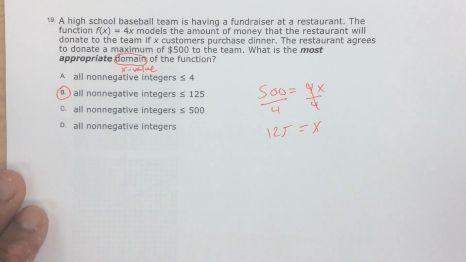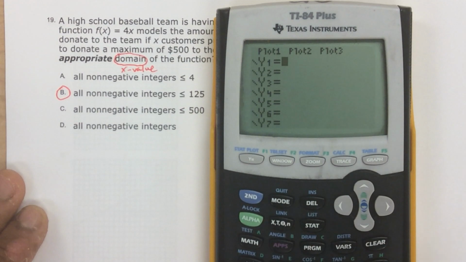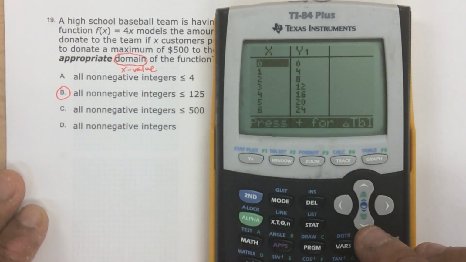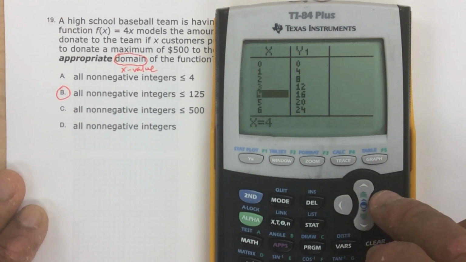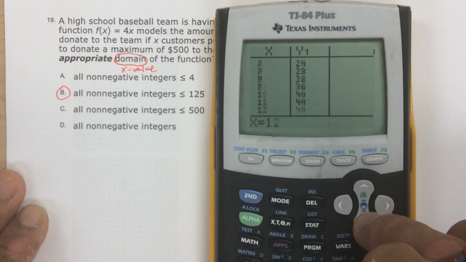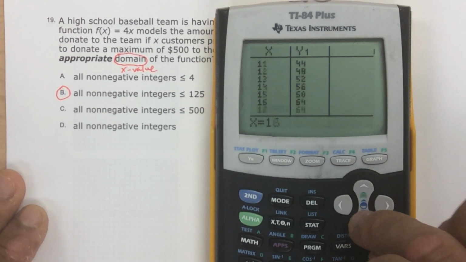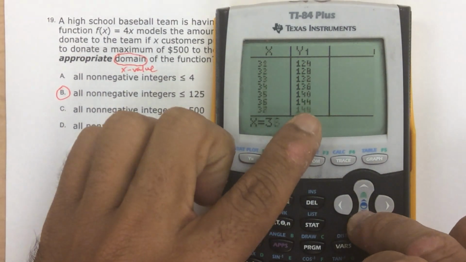Another way of solving this, you could go to y equals, type in 4x, and then go to second graph, and then look to where you'll get 500 on the y. So you're going to have to keep scrolling all the way down. You see you're right now at the 100s.